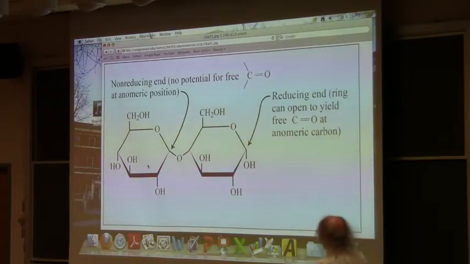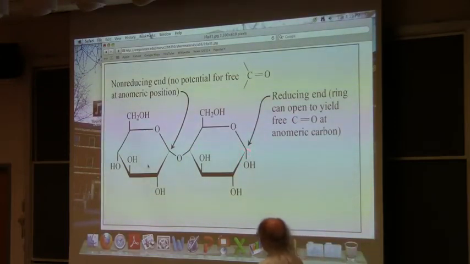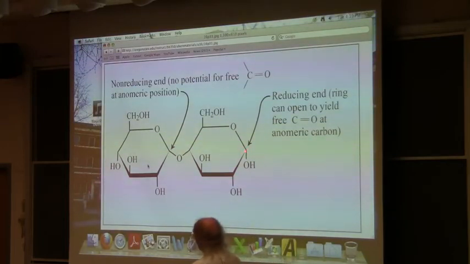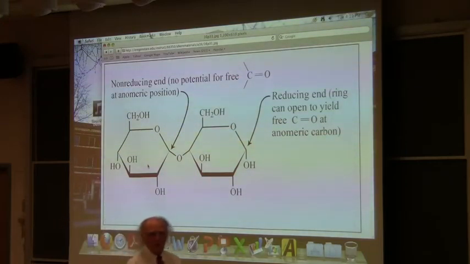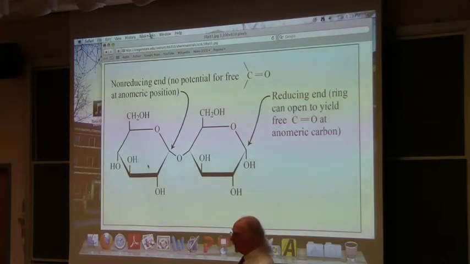It's fairly reactive because in the ring structure that we see right here, we don't have any aldehyde at all. But this ring structure can open up, and when it does, it forms an aldehyde. That aldehyde can be oxidized. And when something gets oxidized, I told you yesterday that something else gets reduced. Consequently, we refer to glucose as a reducing sugar because it can form an aldehyde very readily and it can get reduced.